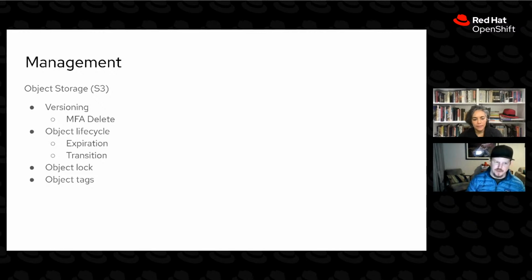So if you configure versioning, you can set up multi-factor delete, and then in order to delete versions of objects, you have to use multi-factor authentication with the request, signing requests and going through the whole dance with Google Authenticator or something like it. Then all right, well, you're on your own, I guess.